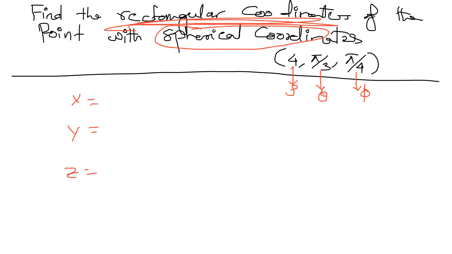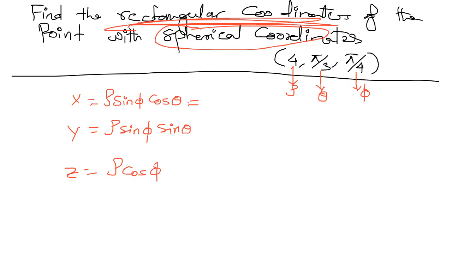The formula is x equals rho sine of phi cosine of theta, y equals rho sine of phi sine of theta, and z equals rho cosine of phi. Now substitute the values: rho is 4, phi is pi by 4, theta is pi by 3.